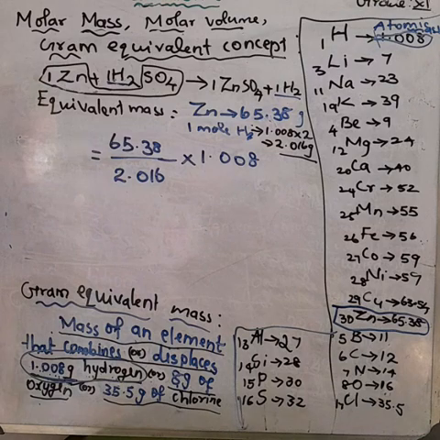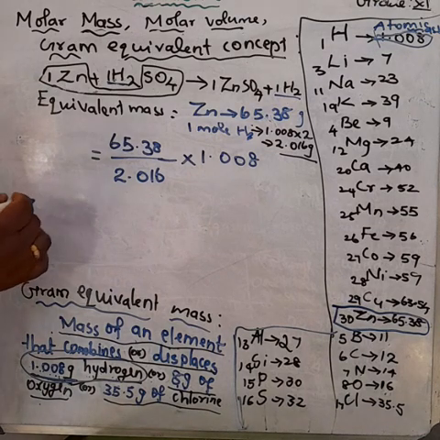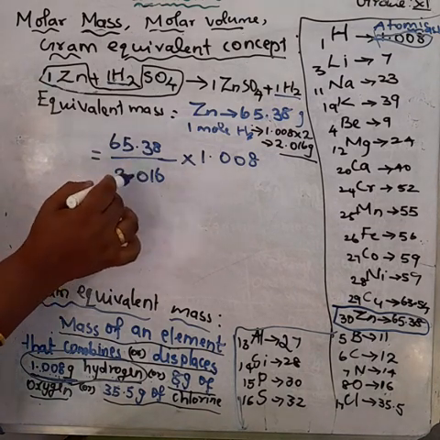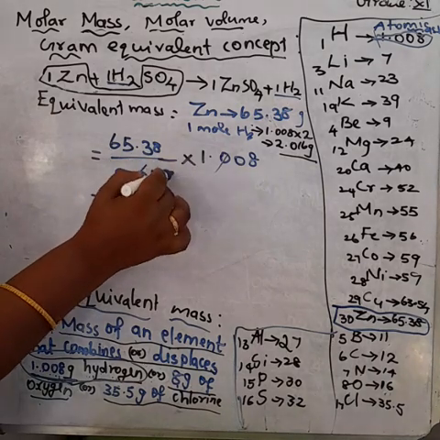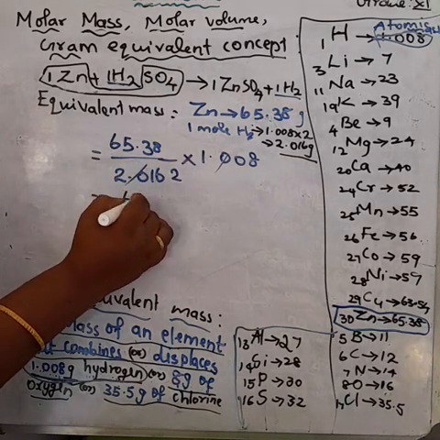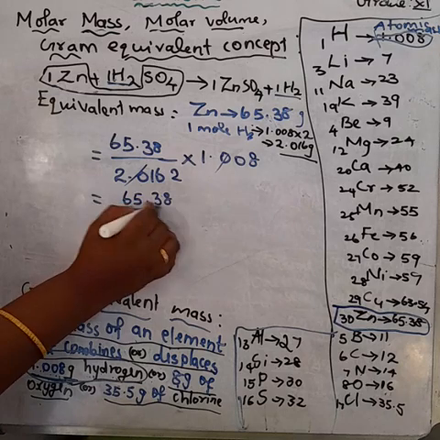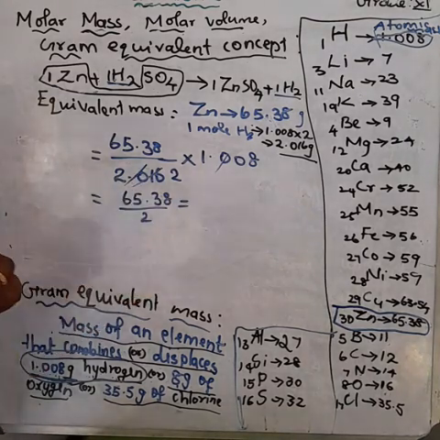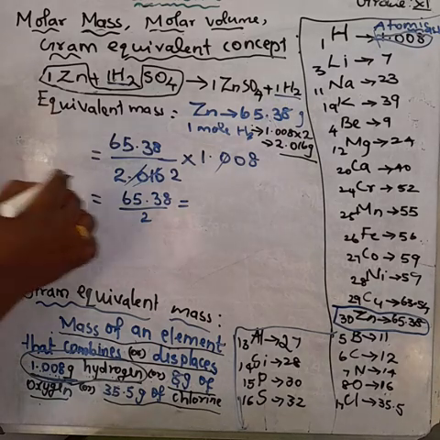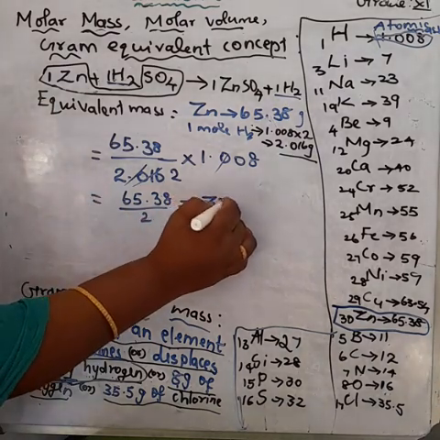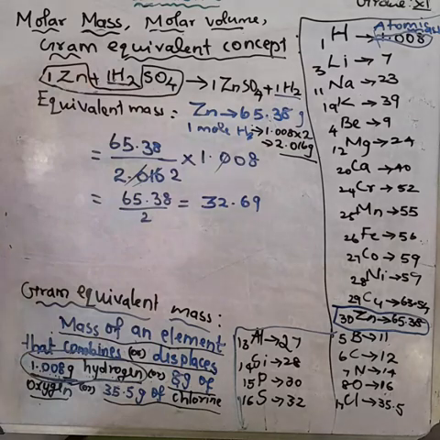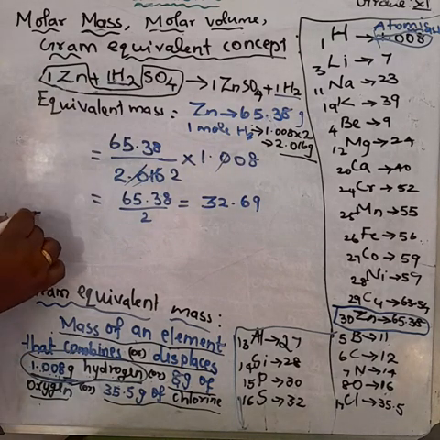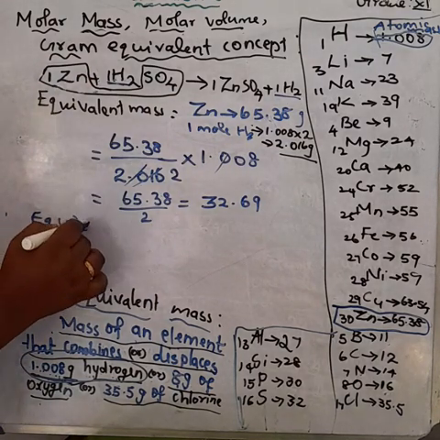Now we get the answer. 1.008 divided by 2.016 gives 2. So 65.38 divided by 2 is equal to 32.69. Understood? This is the equivalent mass of zinc.